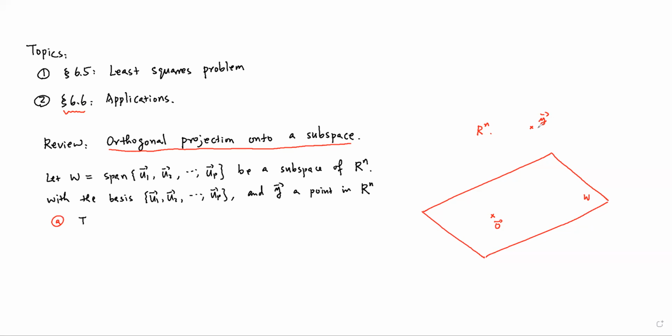It turns out that to find the point, orthogonally project the given point onto W. The projection point is the point that has the smallest distance.